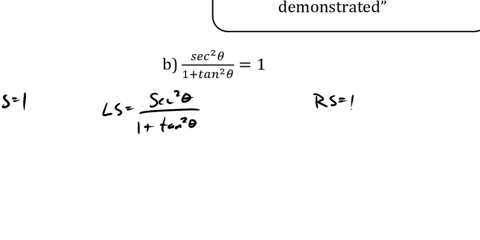But I'm going to do it the long way to show a couple of tricks and strategies that you can use. It also kind of proves that secant squared theta is equal to 1 plus tan squared theta when we go through these steps.